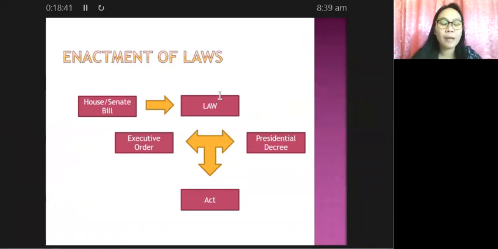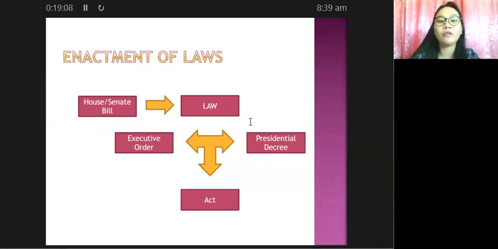All right, so a particular law may be referred to as either an act, or a Republic Act, or a presidential decree, depending upon the form of government the Philippines is in. First, we have the presidential decree.